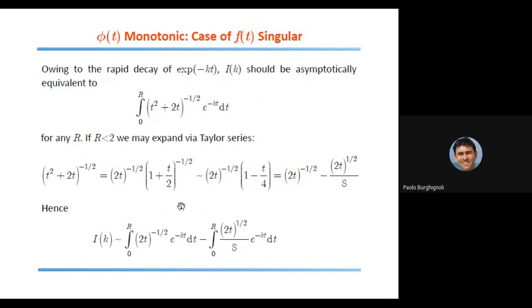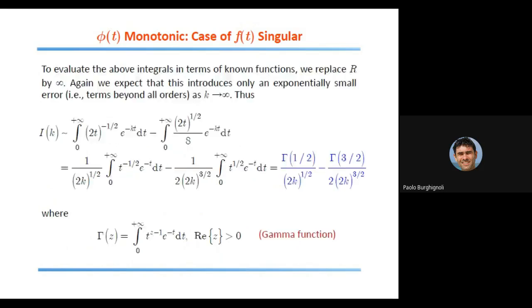However, this does not matter from an asymptotic point of view, because the error that you introduce by extending the integration domain to infinity, so beyond the circle of convergence of the Taylor series, is exponentially small, so it's negligible with respect to any term of the asymptotic series.